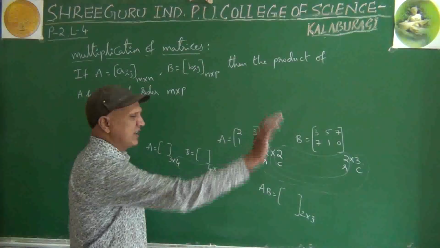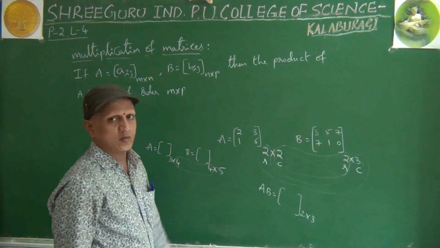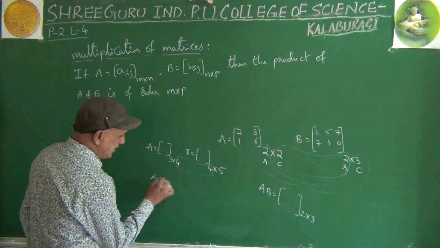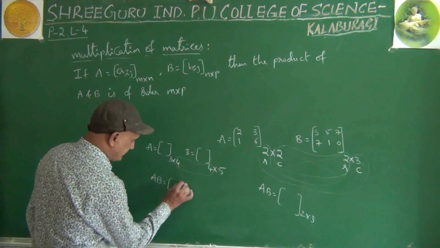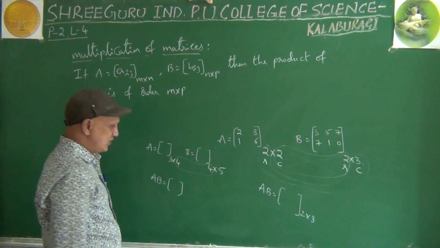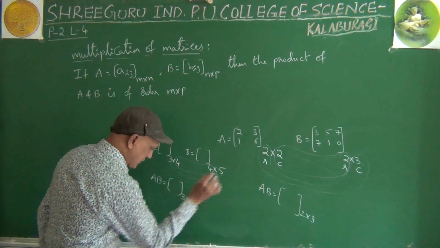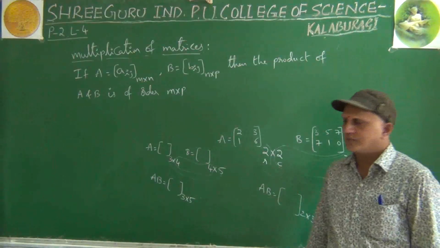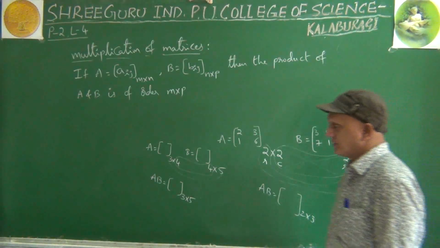Whatever the number of columns, you can write 5 also, 2 also, only 1 also, no problem. So what is the order for the product of these two matrices? 3 by 5. Understood? This is the way of multiplying two matrices.